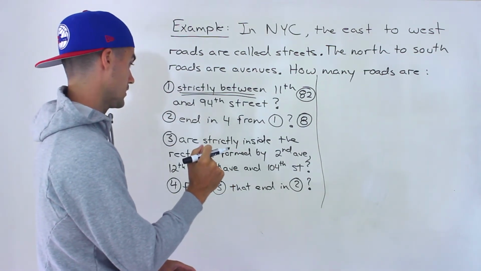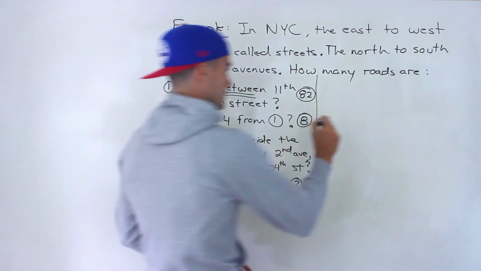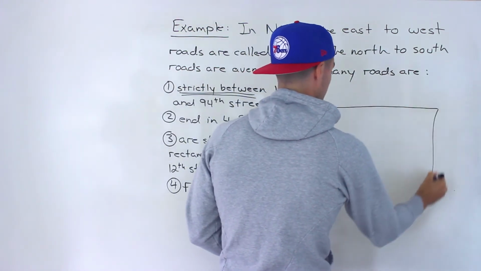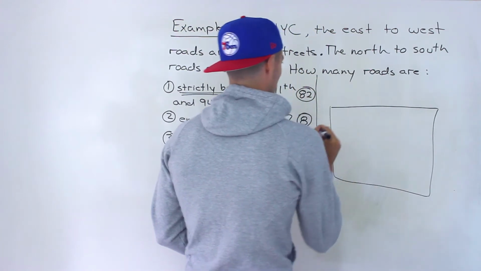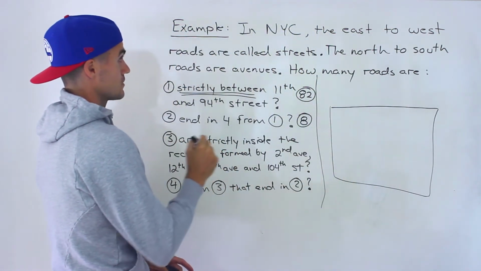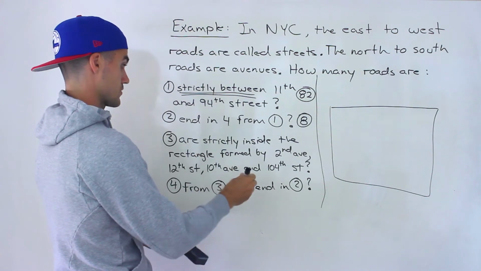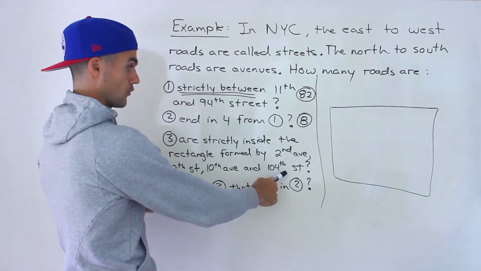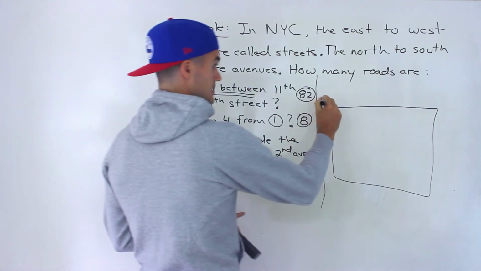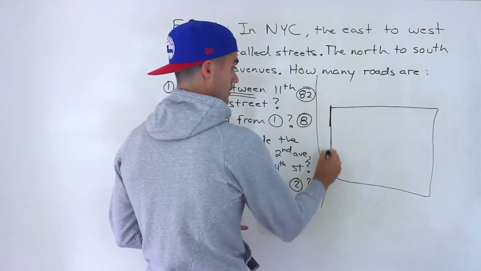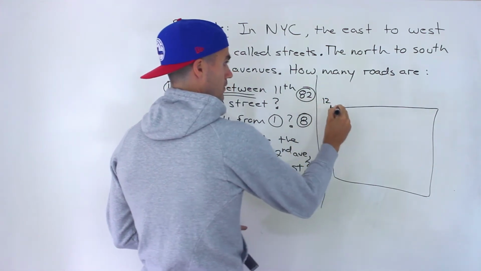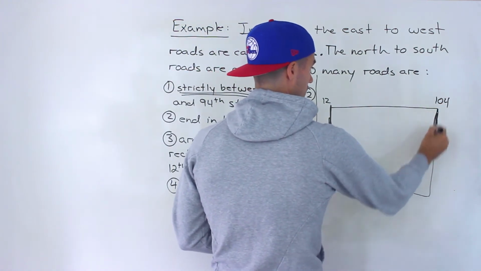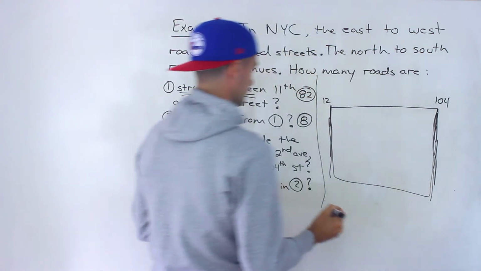What would happen here is if we draw a rectangle, the east to west roads are called streets, so the streets would be 12th to 104th Street. Let's say this is 12th Street here, and this is 104th Street, right there.